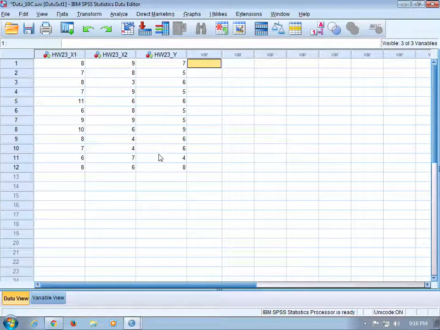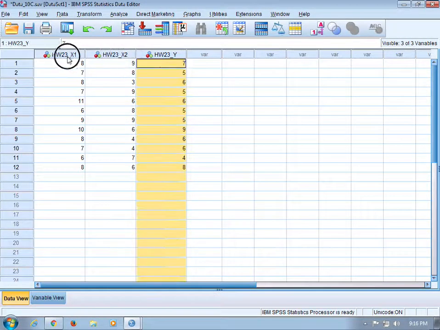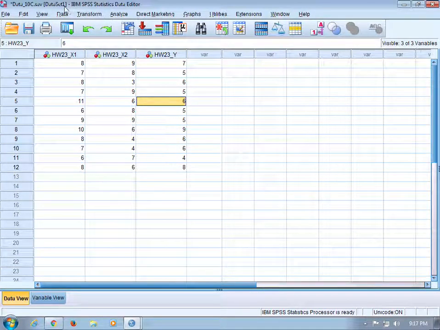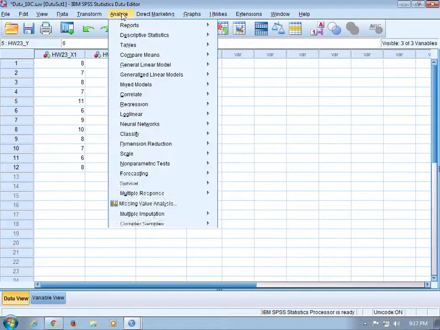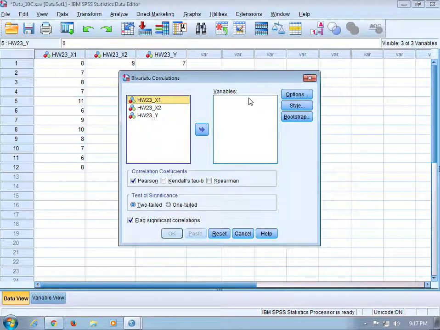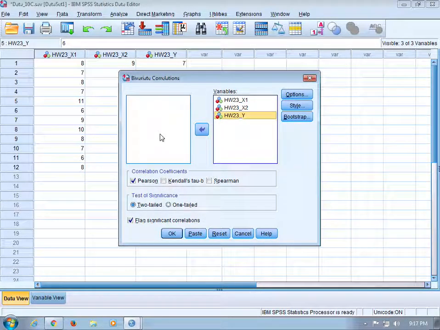So this week we're working with 3 variables, 1 dependent variable y, and 2 independent variables x1 and x2. And particularly we're interested in their correlation, so to get that we can say analyze, correlate, bivariate, and we're going to get the correlations between all 3 variables, so x1, x2, and also y, and we'll get Pearson correlations.